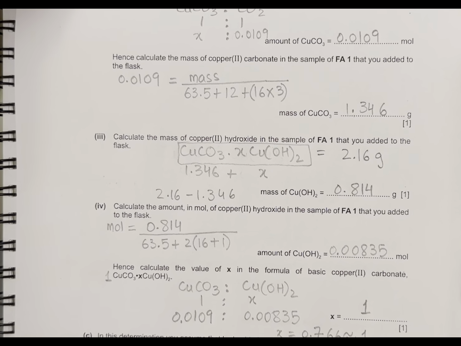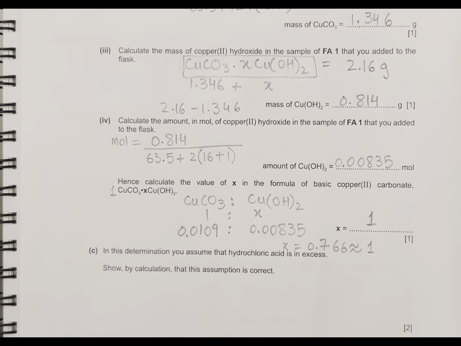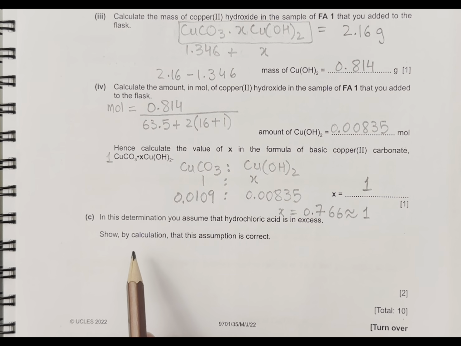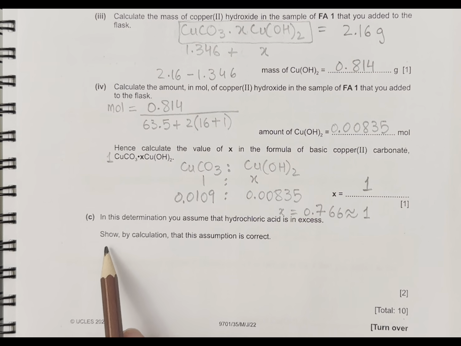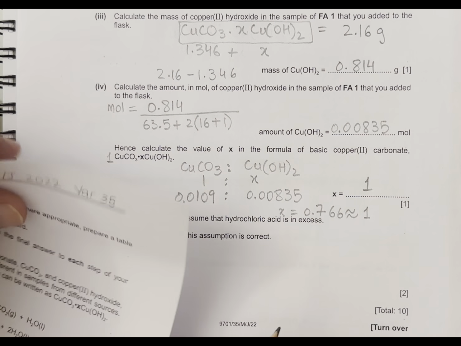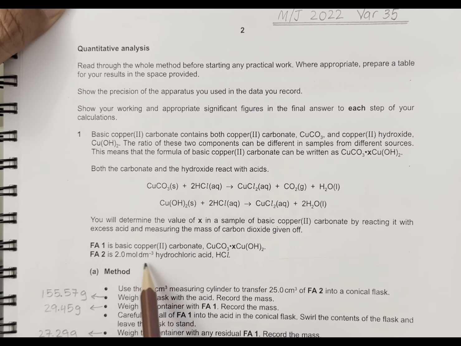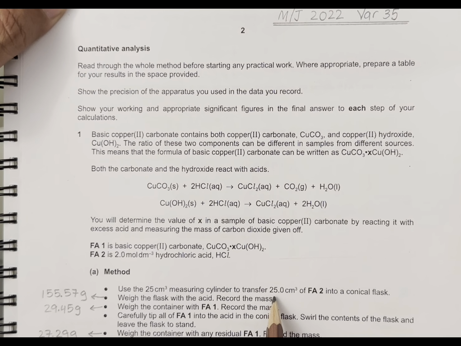Now moving on to the next part, which says in this determination, you assume that hydrochloric acid is in excess. By calculation, show this assumption. So if we want to calculate the total moles of hydrochloric acid added in the flask, we need to look back at the first page saying the concentration of hydrochloric acid we have taken here was 2 moles per dm cubed, and we have taken FA2, 25 cm cubed volume.